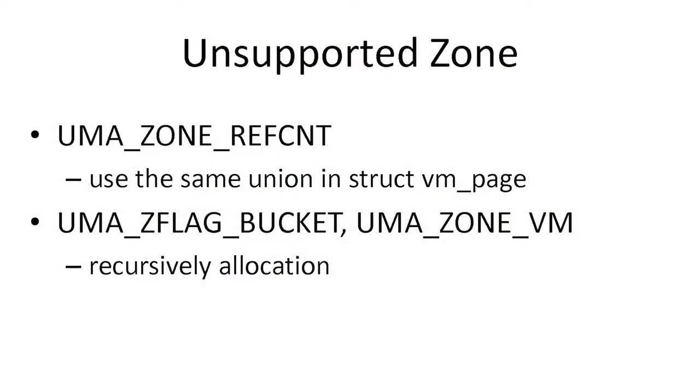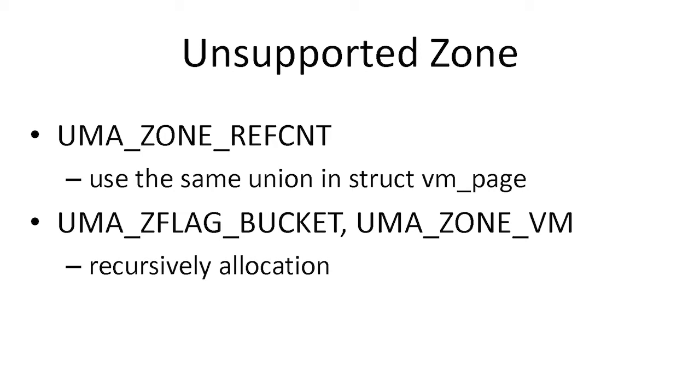So even with this kind of work, there are still some zones we cannot support. The first zone we cannot support is the UMA zone with reference count. This kind of zone is used in the network stack, I think, which I ran into. In this kind of zone, you save the reference count in the VM page structure. There's a union structure in the VM page, which happens to also be used by MemoryGuard.